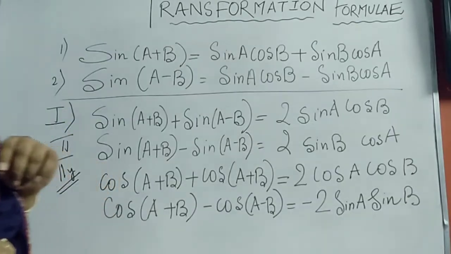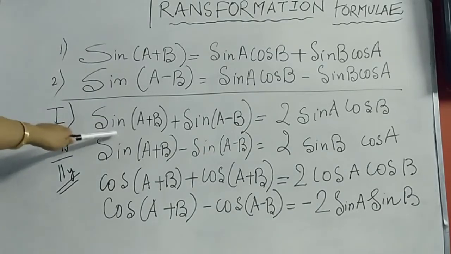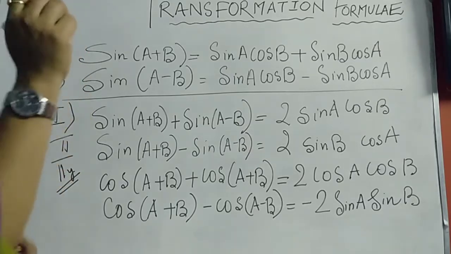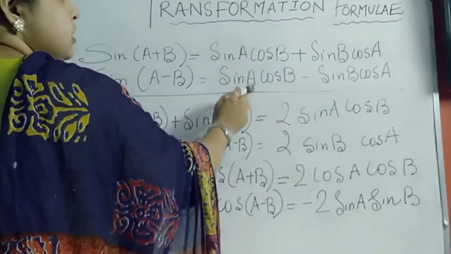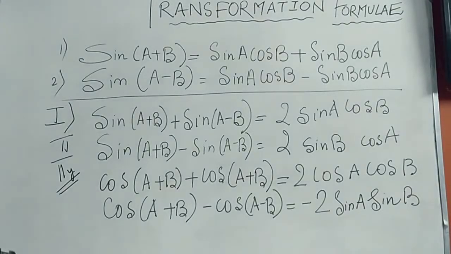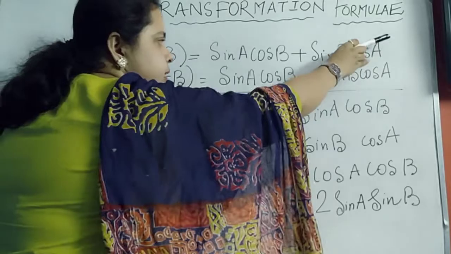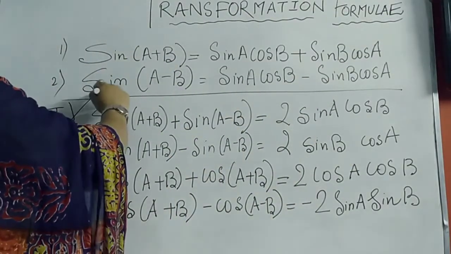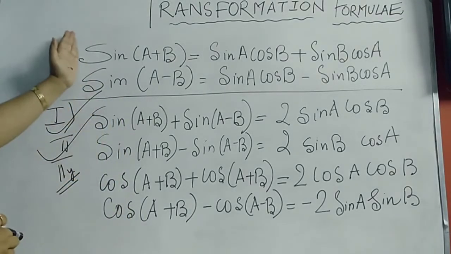Just have a look at what we are getting: sine a plus b minus sine a minus b. Subtraction will add the second terms and cancel the first terms, thereby giving 2 sine b cos a, that is double the second term. So, the first and second transformation formulas are obtained from the compound angle formulas of sine.